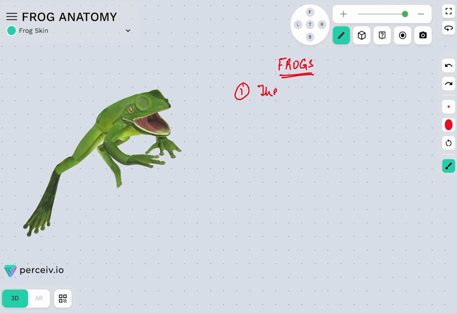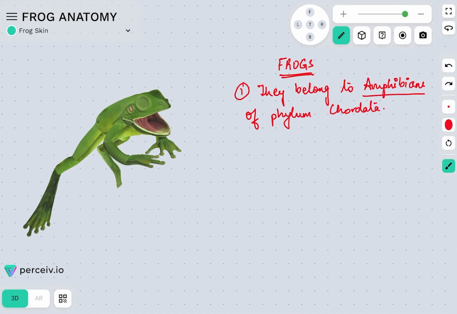So they basically belong to amphibians. That means their class is amphibians of phylum Chordata, and they are called so because they can live both on land and in fresh water.